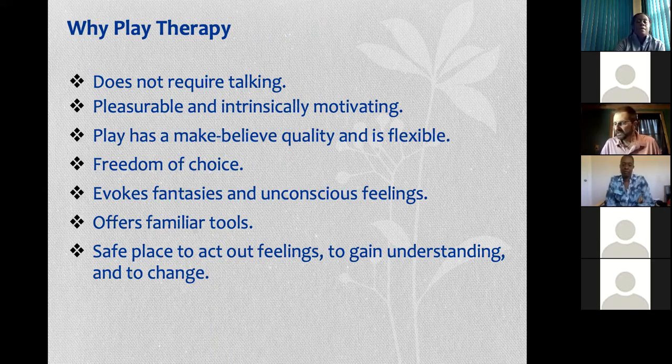One of the things that attracted me to play therapy was that it did not require, specifically what I do, child-centered play therapy, it did not require verbal communication from the client, regardless of age. It more or less works from the perspective of working on what's going on in the room. It works on kind of the unconscious, subconscious level.